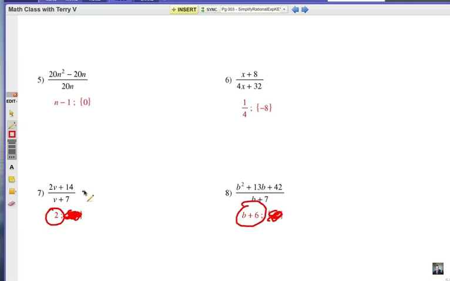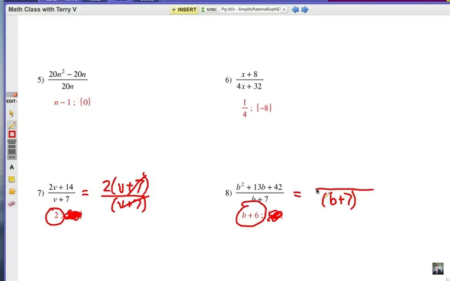Well, let's see why that is true. What can I factor out here? What is the greatest common factor? A 2, right. So 2 times v plus 7, and v plus 7 basically is all by itself, and I can cancel those out. Okay, these are very simple, but we're going to build up to some more complicated examples in the next video.